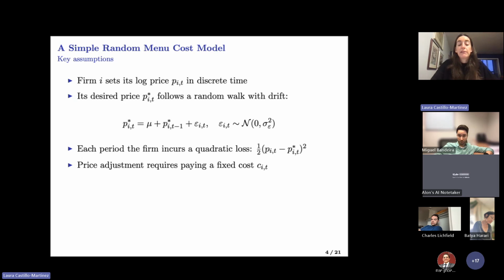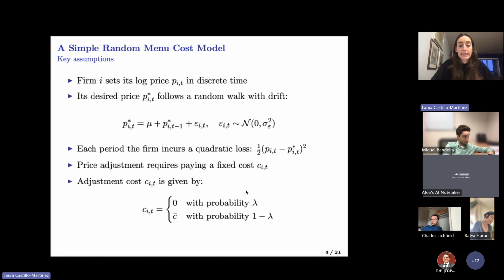And we're going to be relatively flexible in how we think about this fixed cost. We're going to assume that with some probability lambda, this fixed cost is equal to 0. So that's the arrival of what we're going to call a free adjustment opportunity. And this is basically allowing for some Calvo-ness in the menu cost model, right? This is a time-dependent friction that we're going to be able to accommodate in the model.